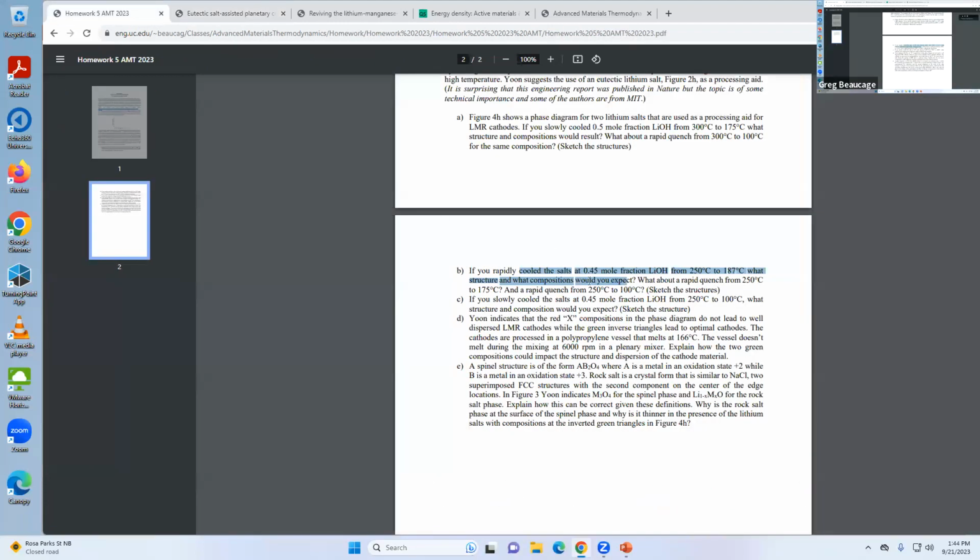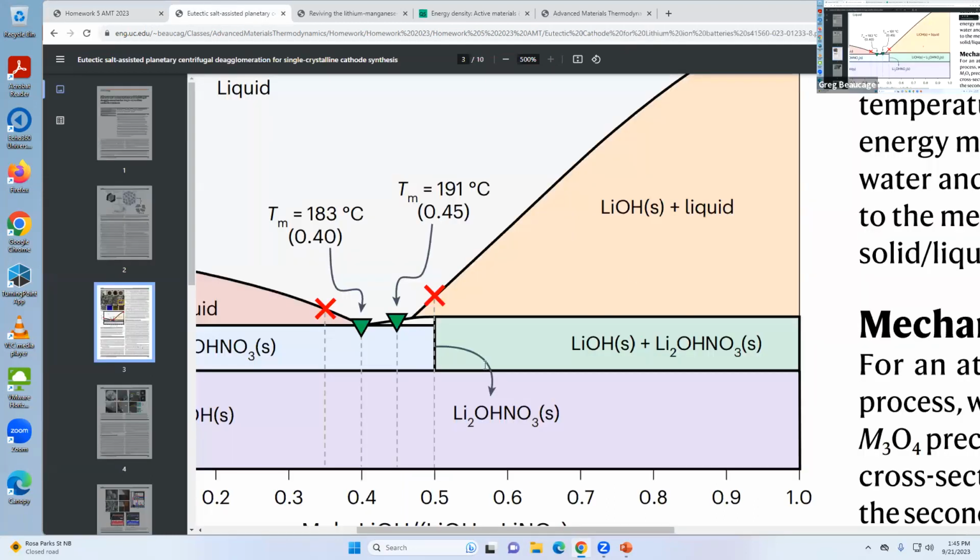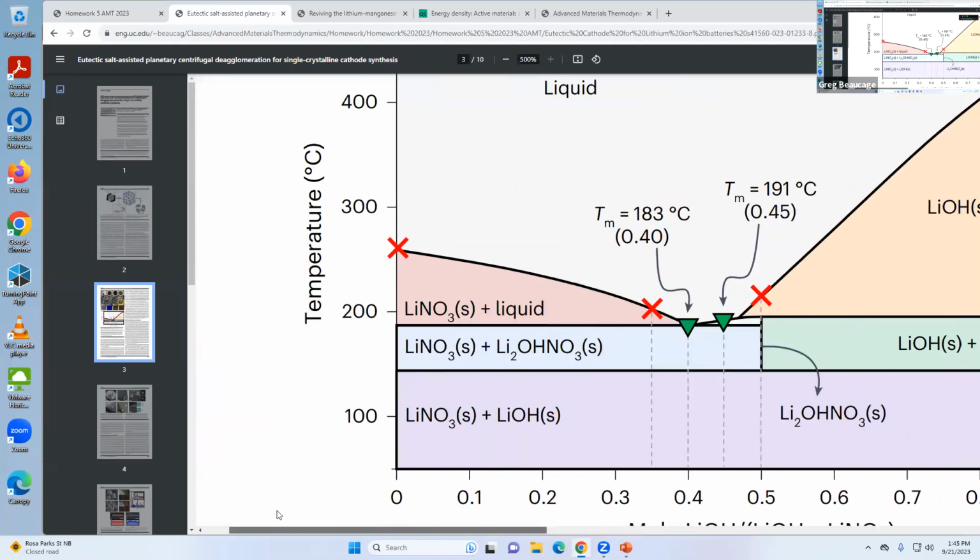So anyway, you can think about these and kind of argue whatever. What about a rapid quench from 250 to 175? So it's asking every possible question here. 250 to 150, 175 is like right there. So you're just going to be in the middle of this, between the intermetallic phase and the lithium nitrate.